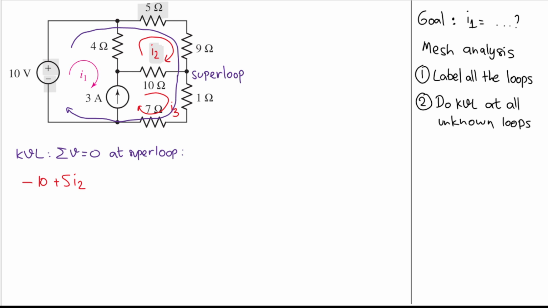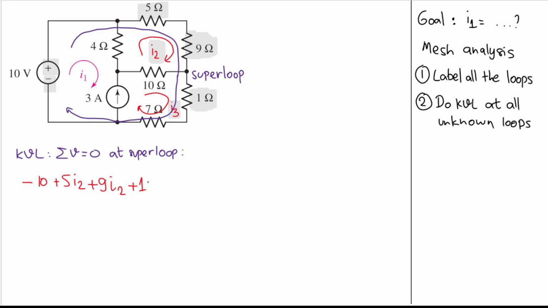Good. Now let's move on to the other resistor, which is 9. Similar to the 5, we will have 9, and the current that passes through it is the inside current, which is I2. So we'll have 9 I2. Now let's move on to this 1 ohm resistor, and that will be 1. The only current that passes through it is the inside current, I3.